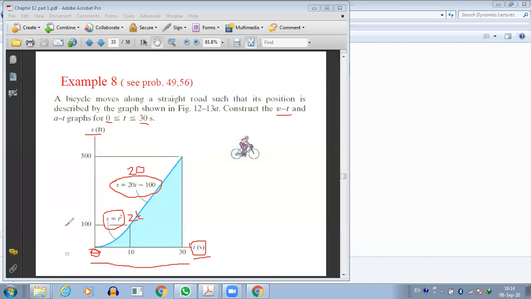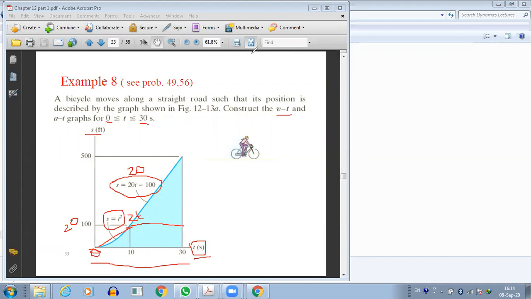So this will be 20. And it is an equation of a straight line. So velocity will be a straight line like this. Okay. And after that, for the second part, it's not a function of time, 20 is constant. So it will remain 20 constant. So that will be the graph VT.